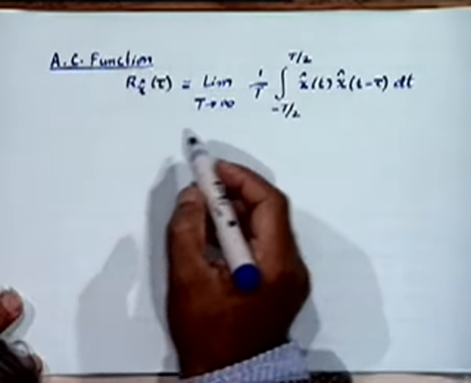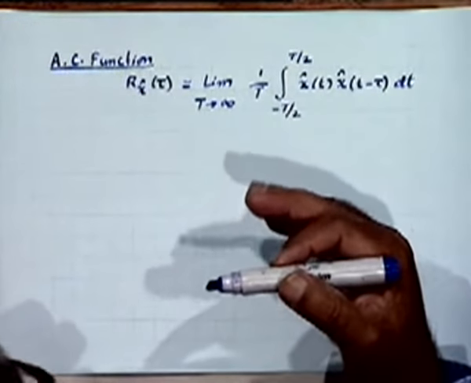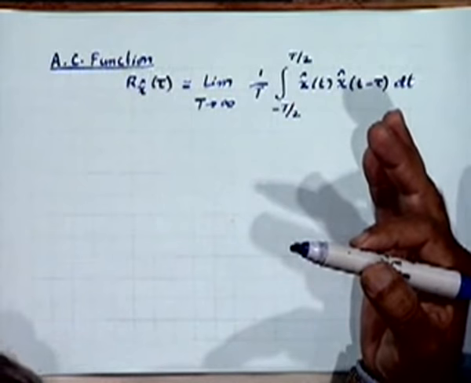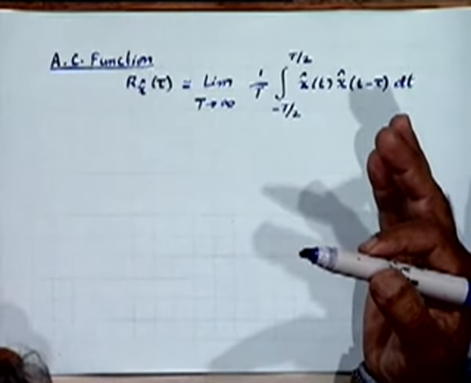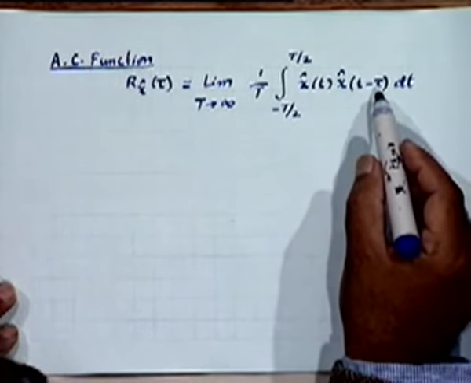Now, when tau is 0, the two waveforms, the undelayed and the delayed versions, will perfectly coincide, and you will get the peak of the autocorrelation function. We will get the maximum value of the autocorrelation function for tau equal to 0, which is a well known property.